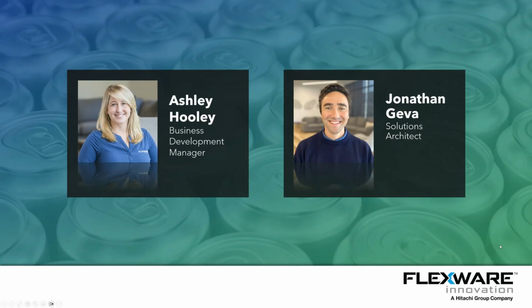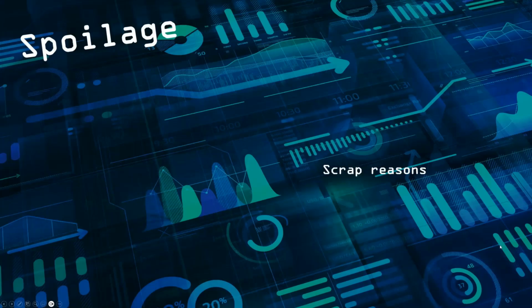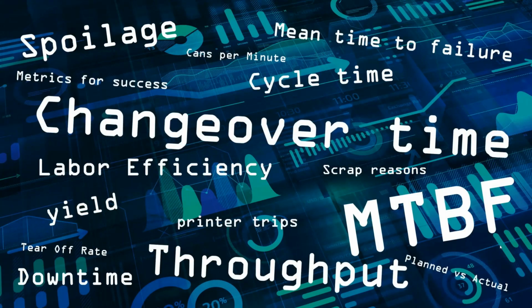Thanks, Ellie. So in today's manufacturing world, to be competitive, there are a lot of different key performance indicators that you might focus on. I'm sure there are people in your operations and continuous improvement teams that are asking you to focus on different metrics like labor efficiencies or cycle times. Maybe they're talking about changeover times.